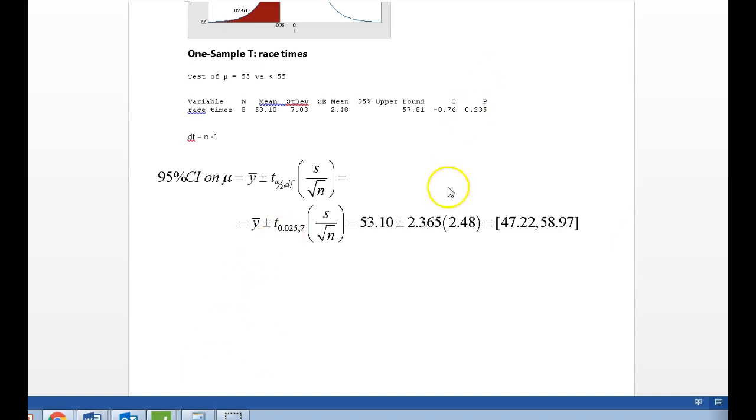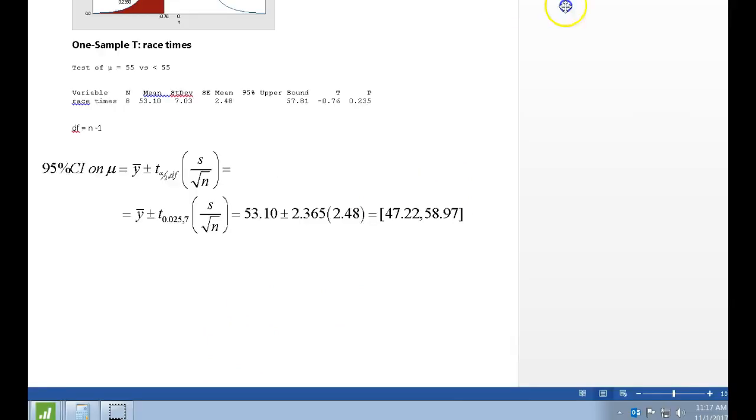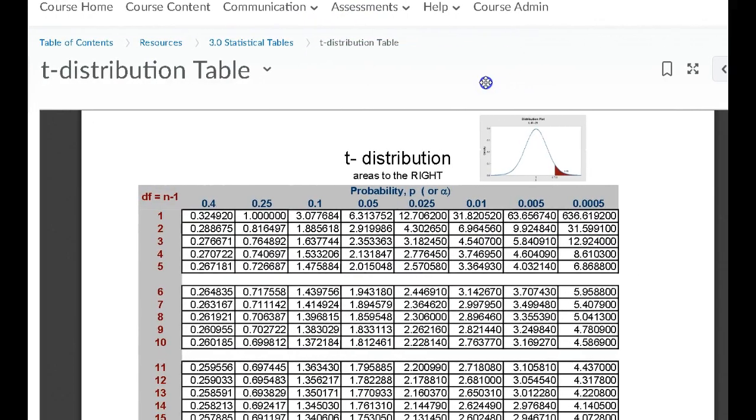In D2L I've posted the t-distribution table for you, and here it is. This thing here shows me areas in the right tail. It doesn't matter if it's right or left. But this area here, I want it to be 0.025. I come into this table. Here in blue are the available areas, 0.025.